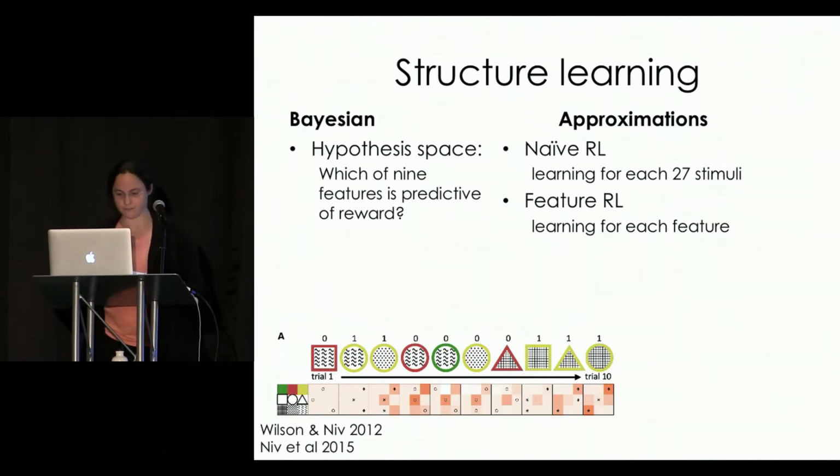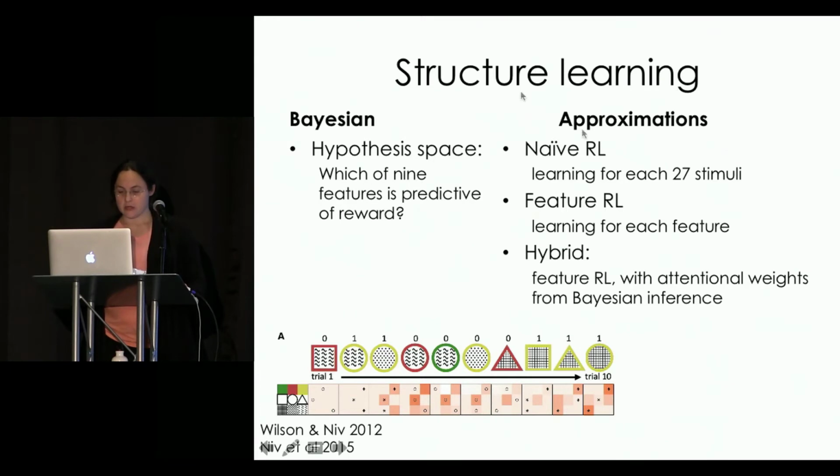Okay, so this is not taking into account at all the fact that there is one feature that matters, one dimension that matters, and another that doesn't matter. All three dimensions are weighted equally.